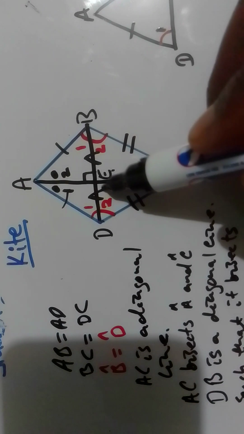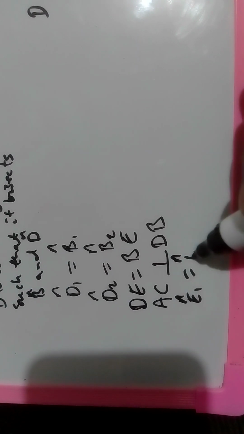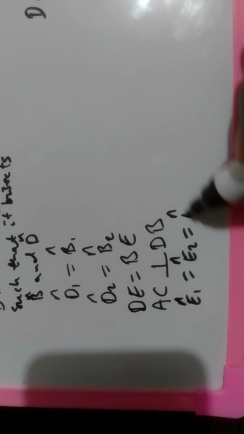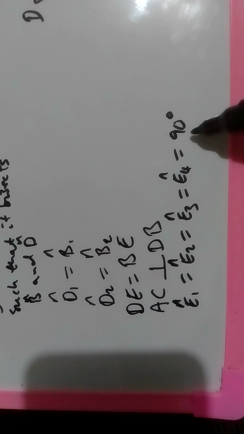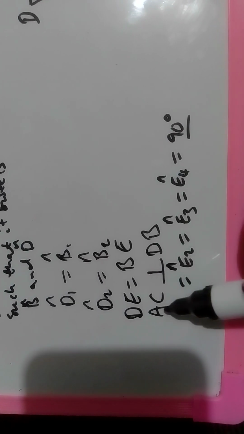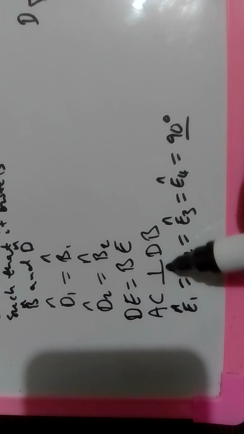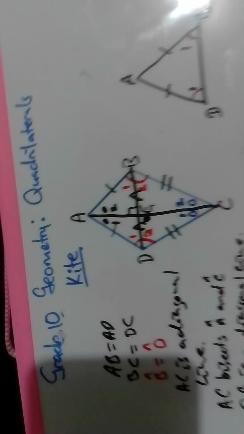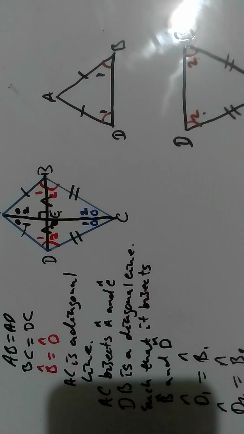So if this is E1, this is E2, E3 and E4, now we say angle E1 is equal to angle E2, which is equal to angle E3, which is also equal to angle E4, and all of them are equal to 90 degrees. And the reason is because AC and line DB are perpendicular. This symbol means perpendicular. So yes, now these are the properties of a kite and some of the features or some of the shapes which are found within a kite.